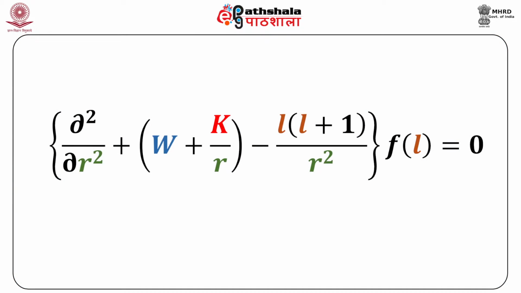Now this radial equation was ultimately reduced to an equation that could be solved by the factorization technique: d²/dr² plus (W plus K/r minus L(L+1)/r²), the whole in parentheses, acting on F_L equals 0.